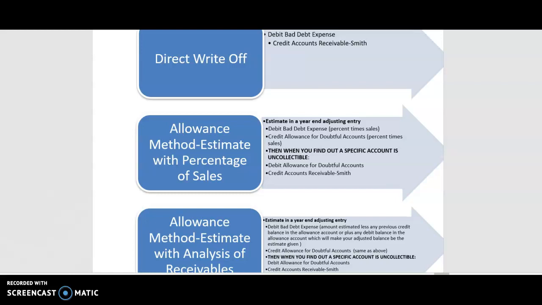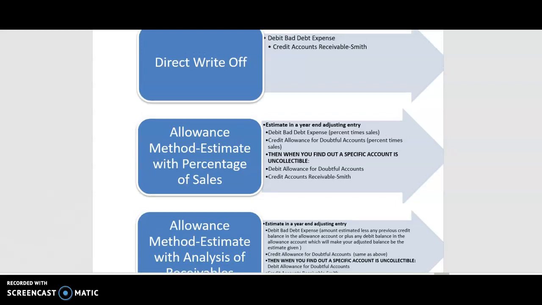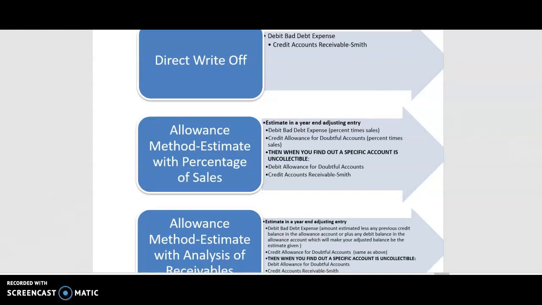In this method, at the end of the year, the company will make one adjustment for the estimate of all accounts that will be uncollectible. At that point in time, they don't know which customers aren't going to pay them, but experience tells them that a certain percent will not pay them. So in order to match the bad debt expense in the same period that they made the sales, they make an estimate.